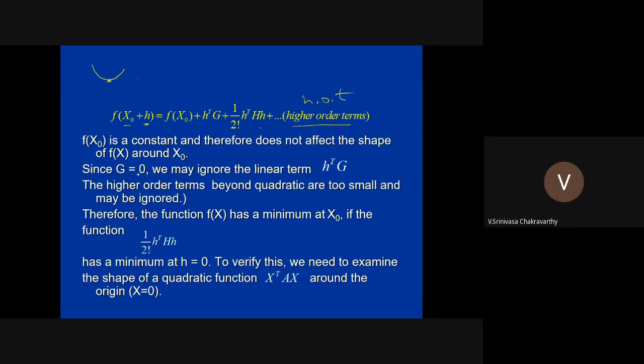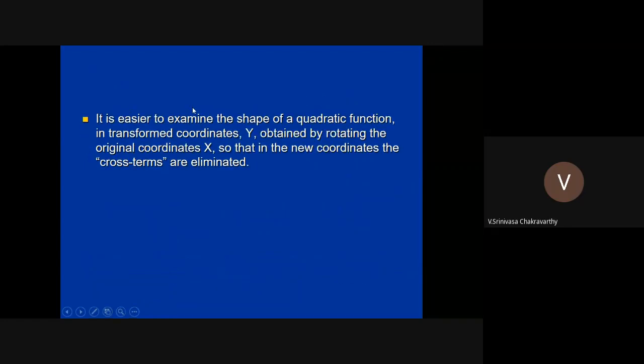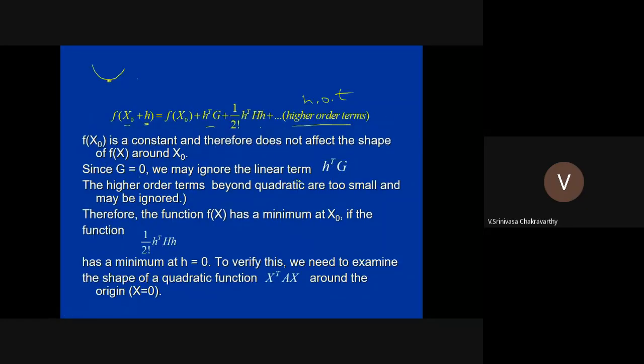We definitely know that if it is a minimum or a maximum, the gradient has to be 0. So G is 0, and we ignore this term. The higher order terms are also not necessary to find out if it is a minimum or a maximum, so we ignore them. Then we have the f of x naught term, which is a constant.